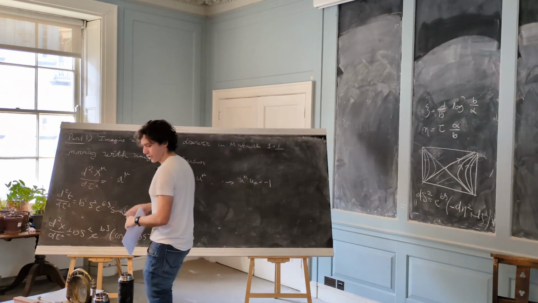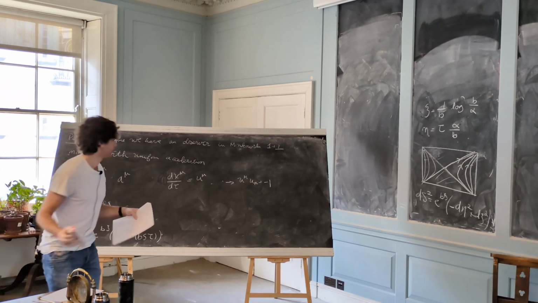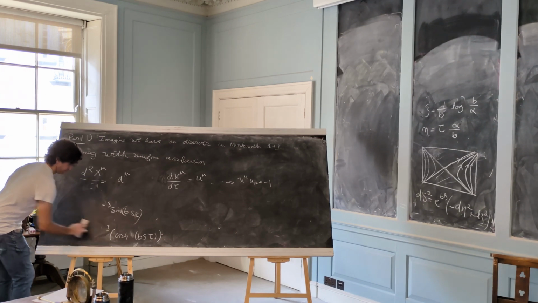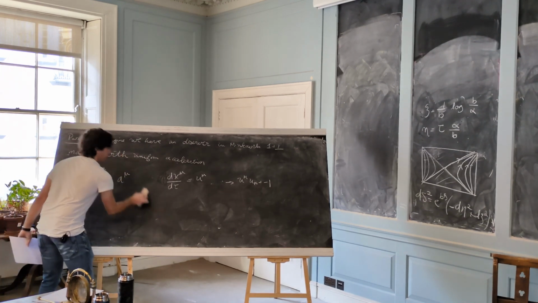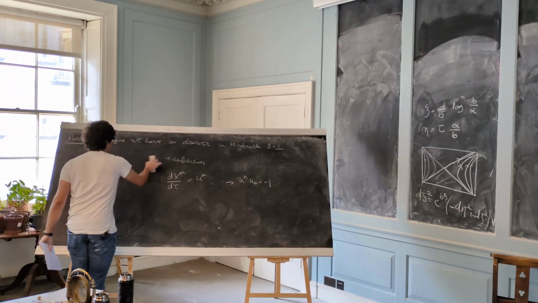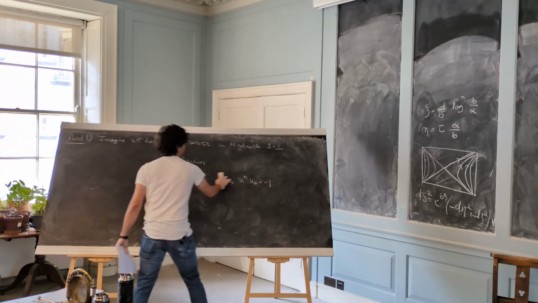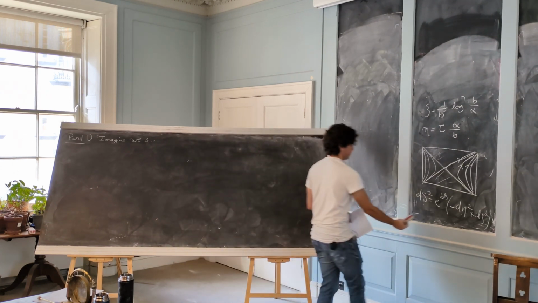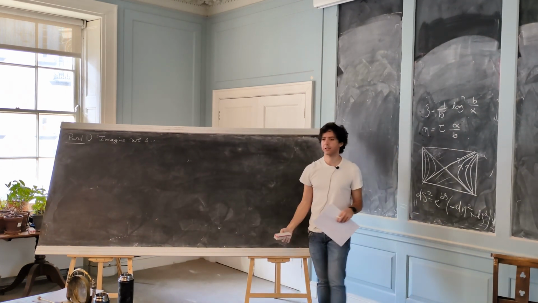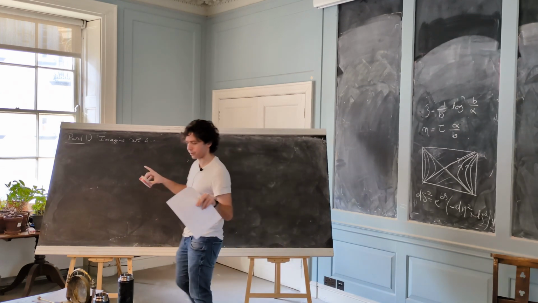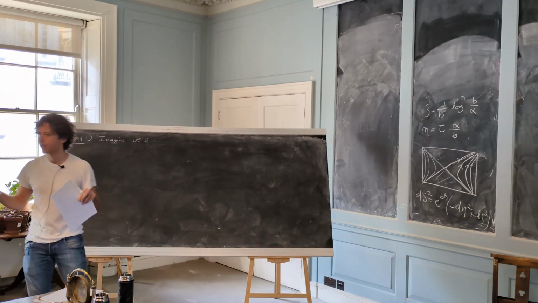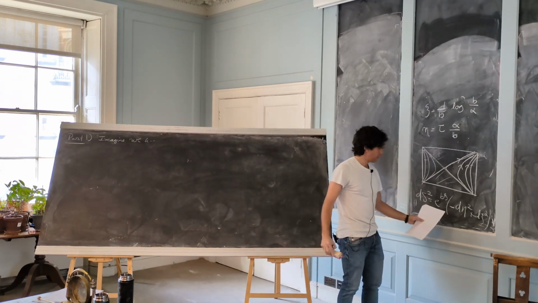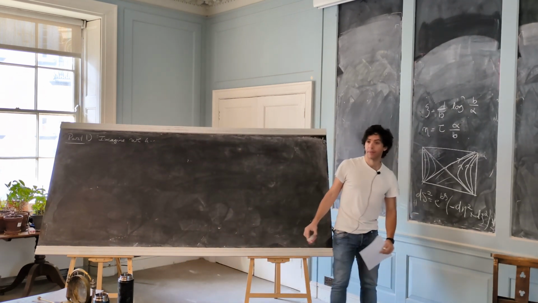Okay, so the reason that we like these coordinates in particular is because you can see that up to this exponential factor in front, these coordinates are what we call conformal to Minkowski. So they are the Minkowski coordinates up to this exponential factor.